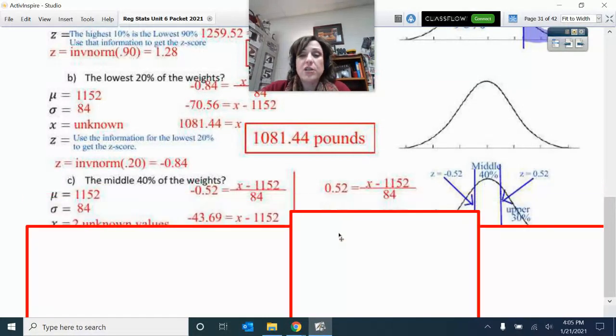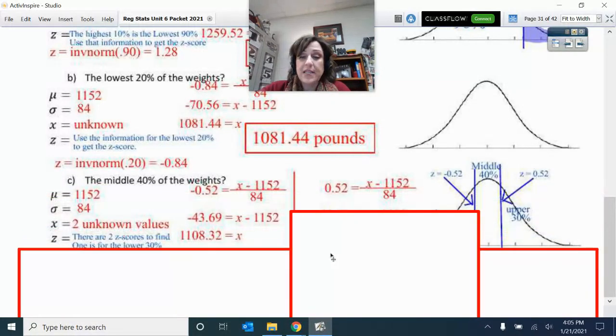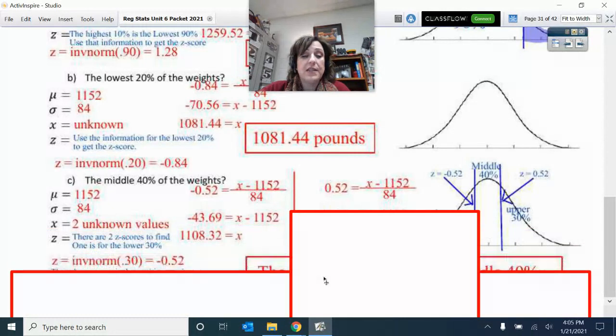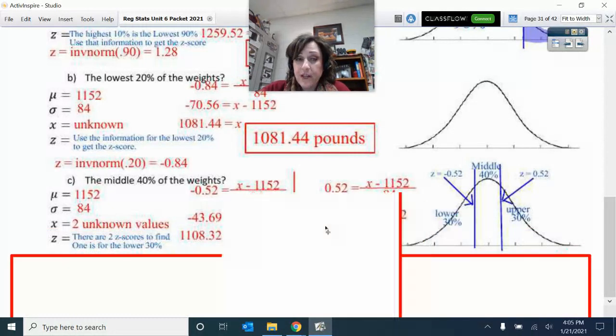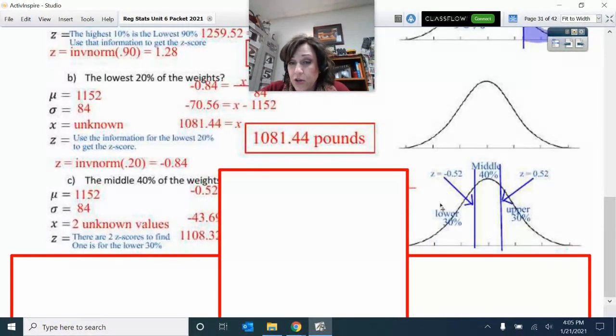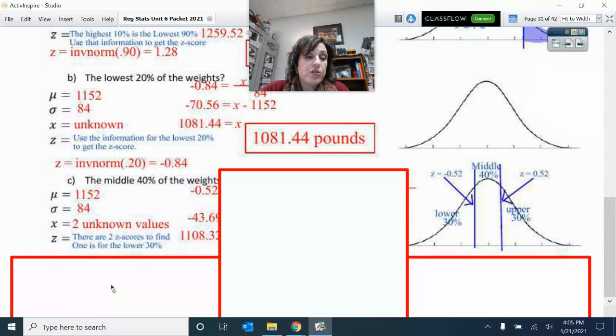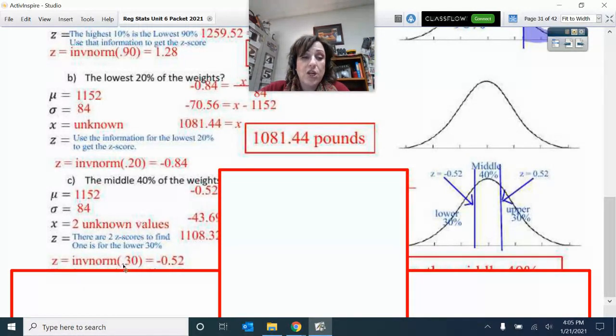That must mean there's 30% in each of those tails. See here, 30% in the bottom tail, 30% in the upper tail. So I did inverse norm of 0.30, and that's how I got this negative 0.52.